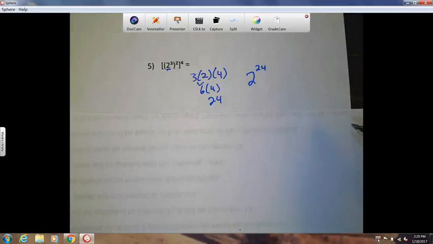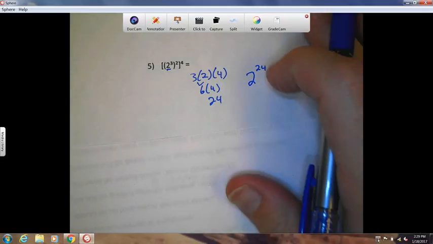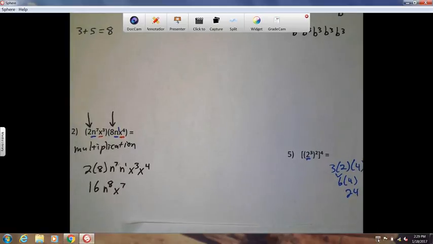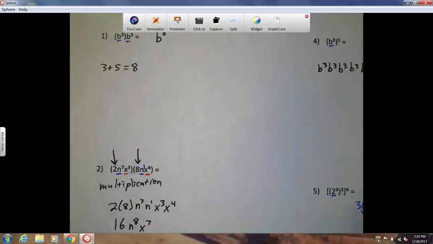Alright, so looking at the first 4 and on some of the homework, number 1, and I'm looking at page 394. Number 1 is like number 7 and number 8. Number 2 is like 9 and 10.